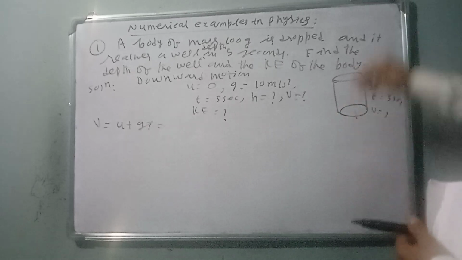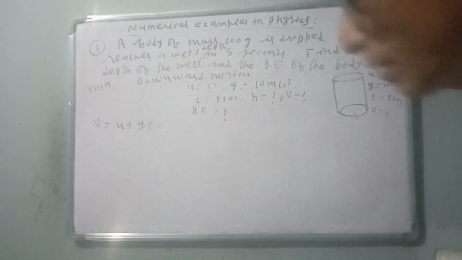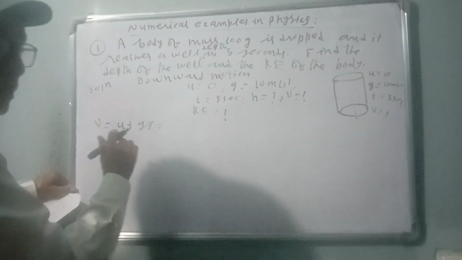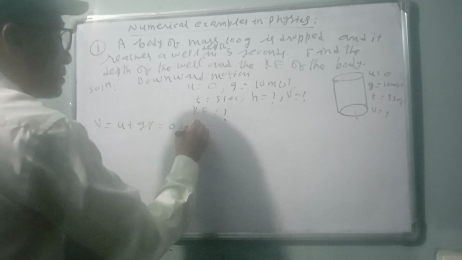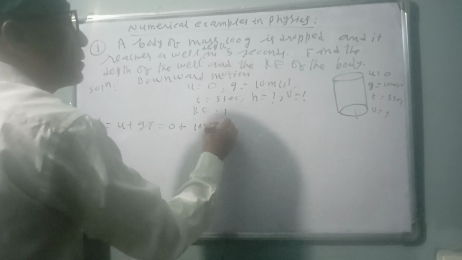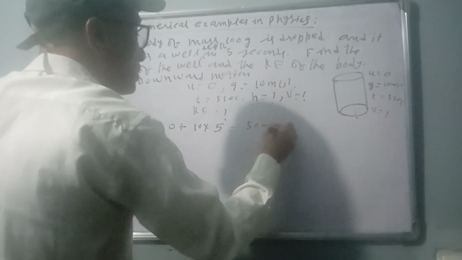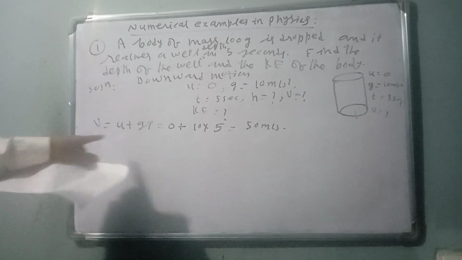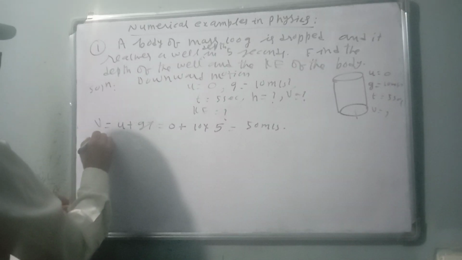The body comes downward due to acceleration due to gravity. v equal u plus gt, or you can use directly gt for downward motion. u is 0, g is 10, time taken is 5 seconds, so 50 meter per second. The mass of the body is given 100 gram. First of all, final velocity, and what is the depth?